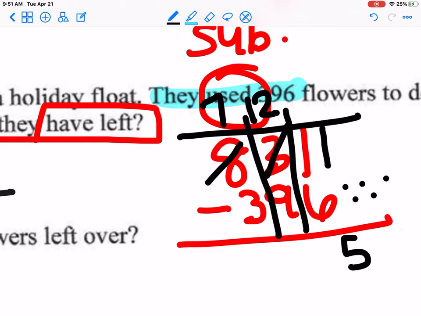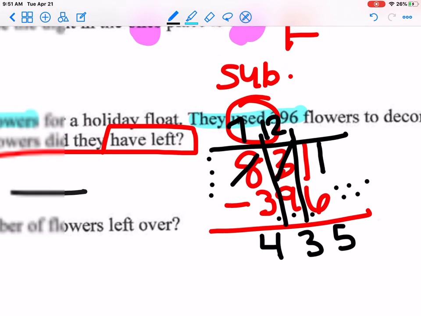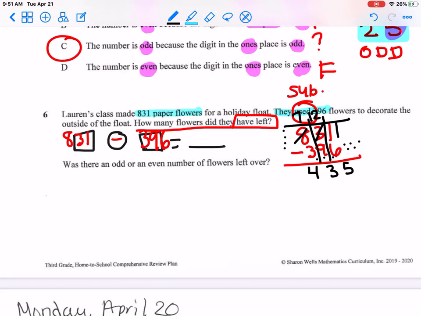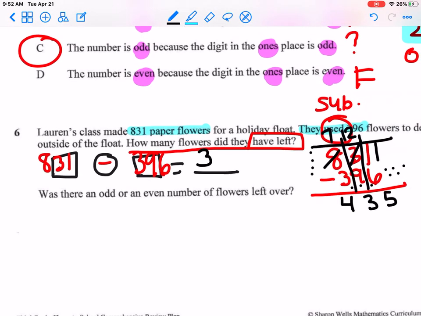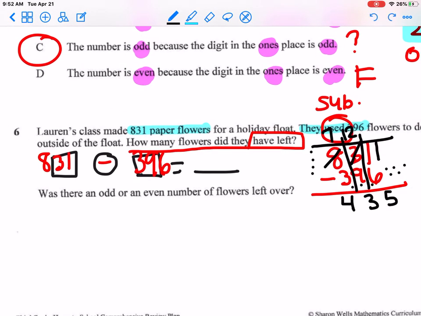So 12 minus 9, 9, 10, 11, 12. That's 3. 7 minus 3, can I do that? Yes. 3, 4, 5, 6, 7. 7 minus 3 equals 4. So, how many flowers did they have left? 435.